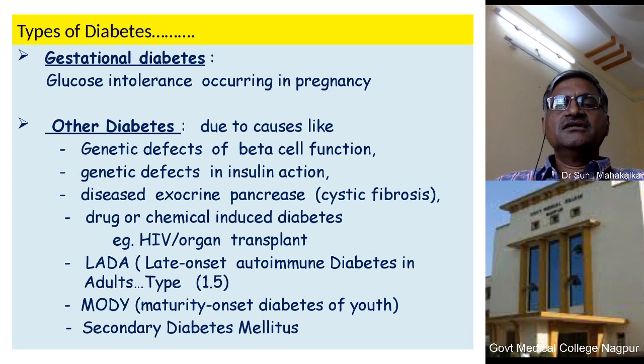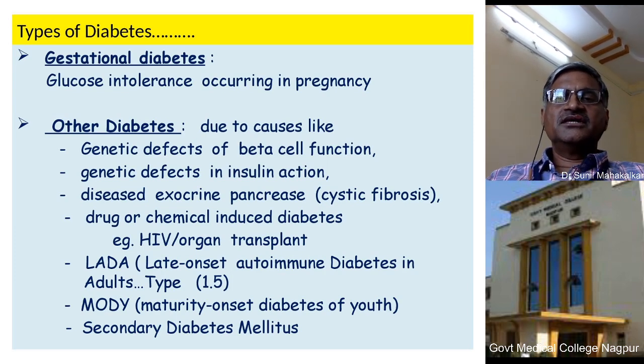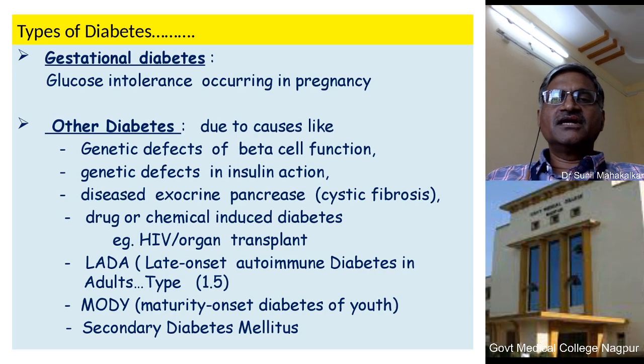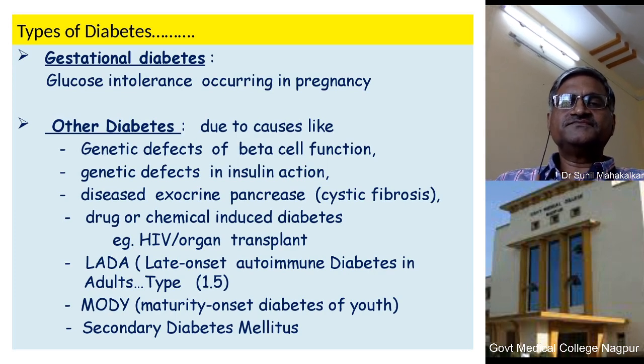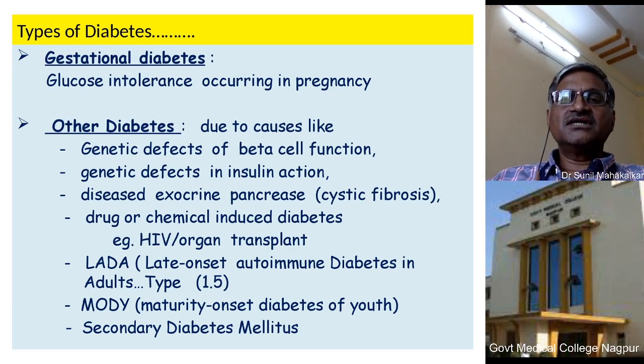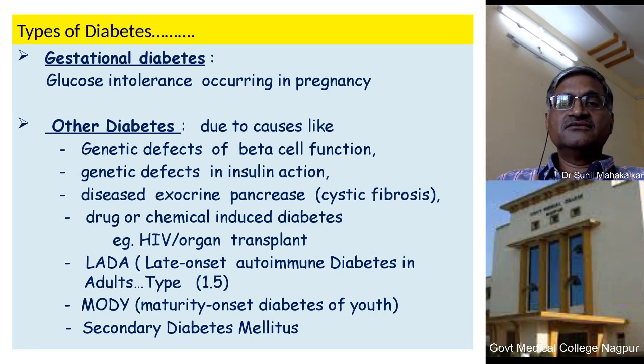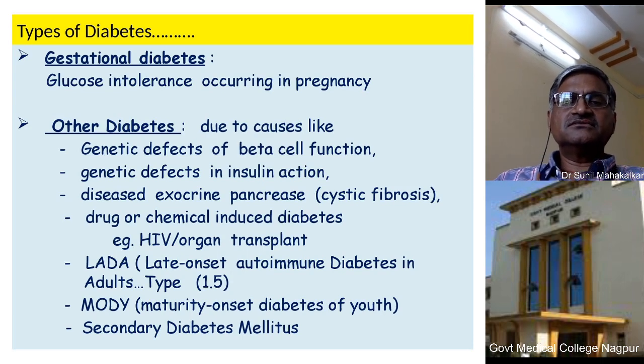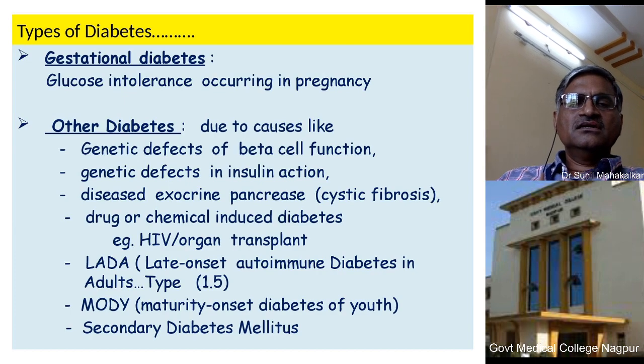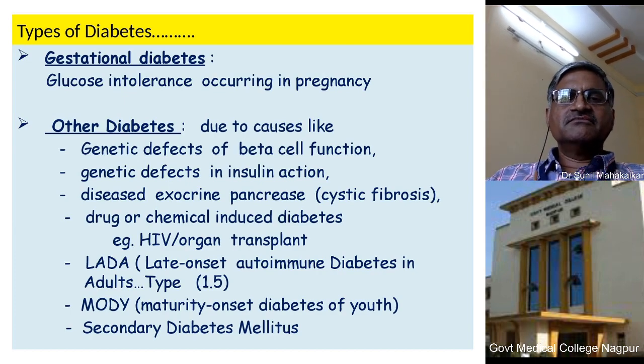There may be a diseased exocrine pancreas, because the endocrine part of the pancreas consists of the islets of Langerhans, beta cells and alpha cells, whereas outside is the exocrine pancreas, which secretes enzymes like lipase, etc., taking part in digestion. So suppose the exocrine pancreas is fibrosed, then the endocrine functions will also be lost. So these are the various types of diabetes.